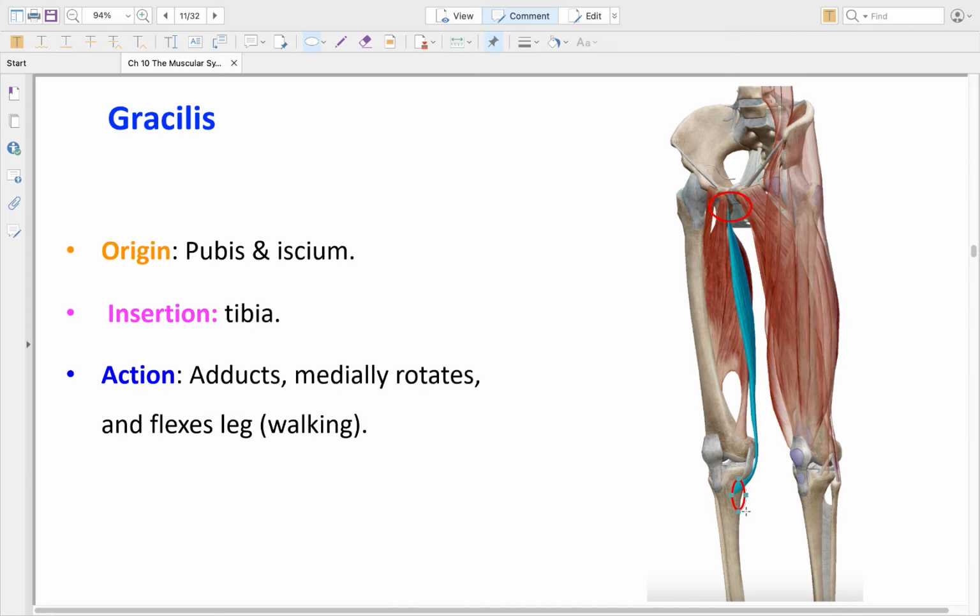Now I want to show you guys a quick video that recaps these muscles as a group, and I do want you to lump them into a group. These are the adductor muscles that medially rotate and adduct the thigh, right? And the muscles we talked about previously, the iliacus, psoas major, sartorius, all of these were thigh flexors that pass in front of the hip joint.